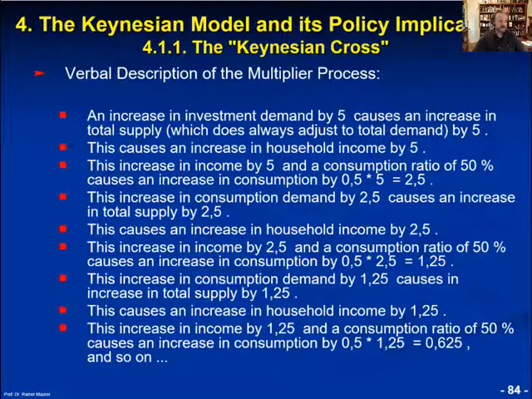This additional increase in household income and the consumption ratio of 50% causes an increase in consumption by 0.5 times 1.25, which equals 0.625, and so on and so on. So after this quite thorough analysis of the multiplier process, we will take it for granted in the following.